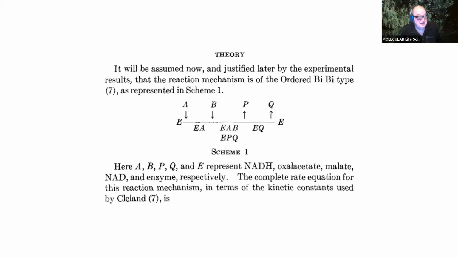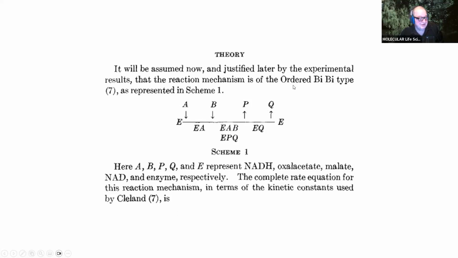So this is the scheme, their ordered bi-bi type scheme. If you're not familiar with Cleland nomenclature, he has ordered, he has bi-bi, and bi-bi simply means there are two substrates binding to give a ternary complex, and then two products leaving to regenerate the free enzyme, and then they define these.